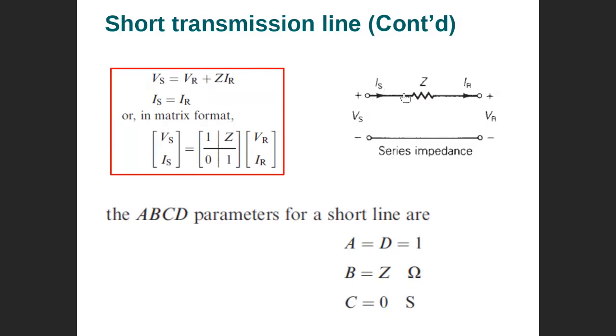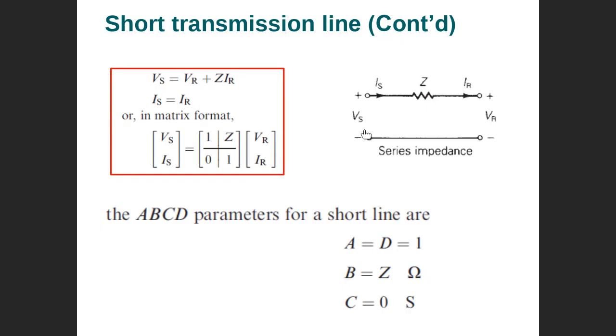VS equals I times Z plus VR. So we're doing KVL here. VR plus IR times Z.